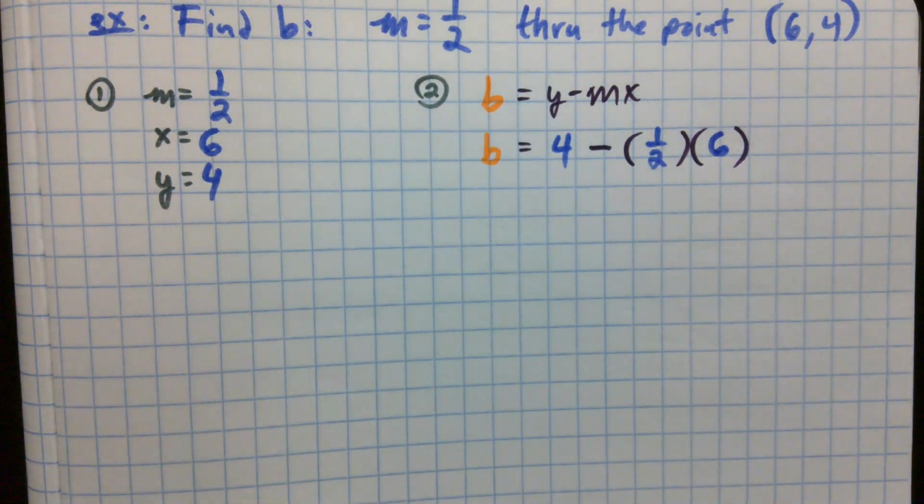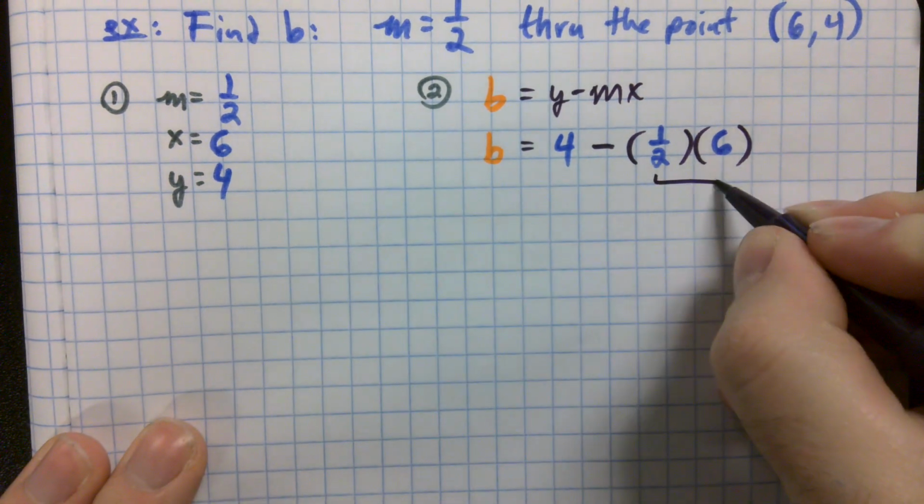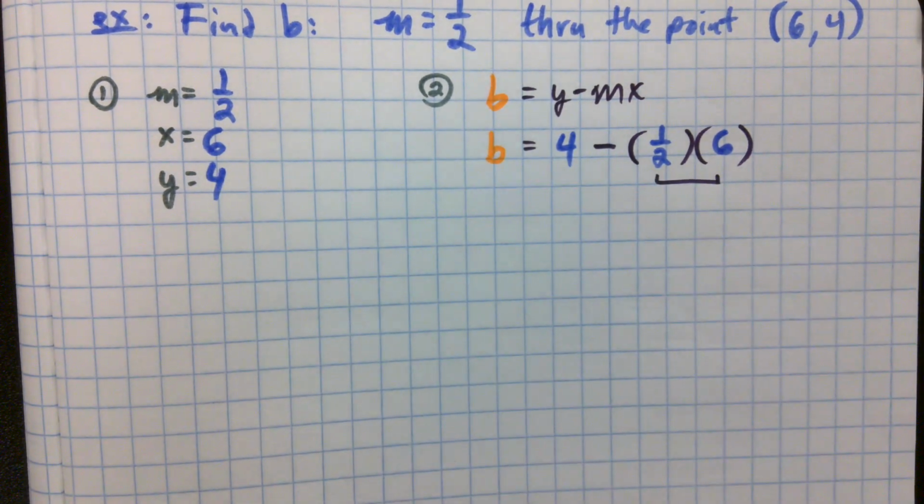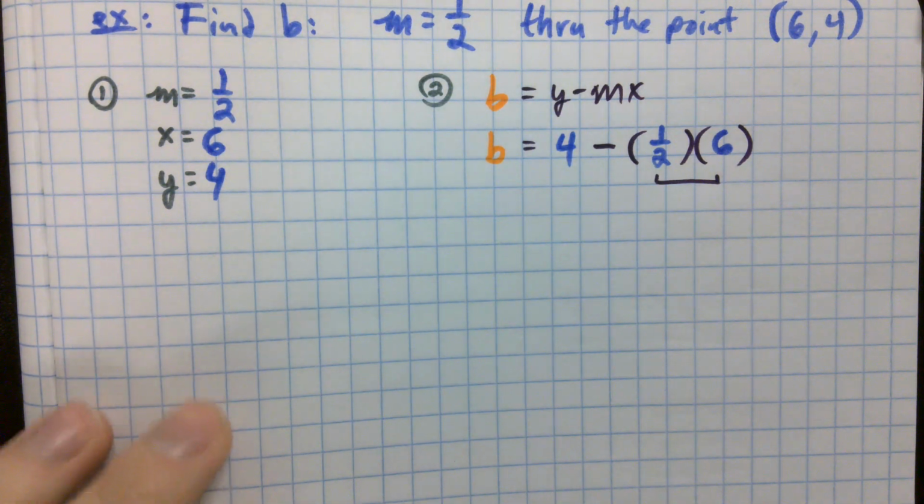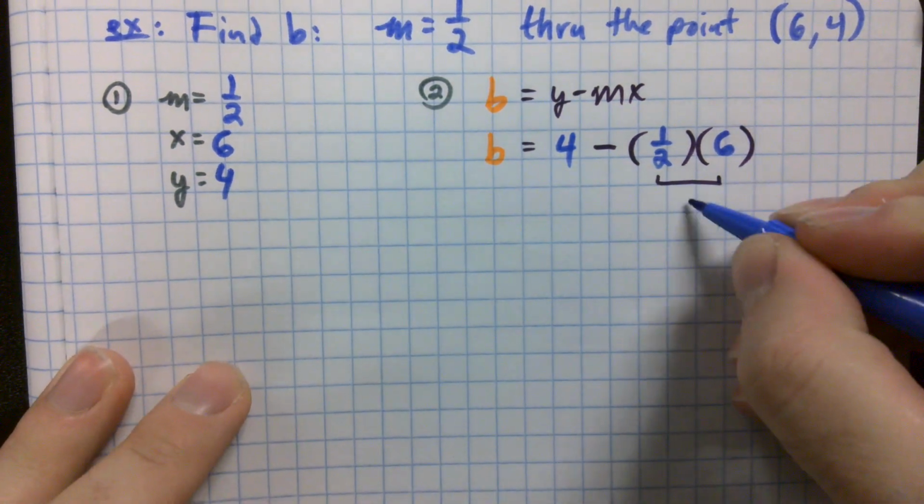Multiply first, subtract second. So, this is where some of the confusion started. What's half of 6? 3. Half of 6 is 3, right? So 1/2 times 6 is 3.